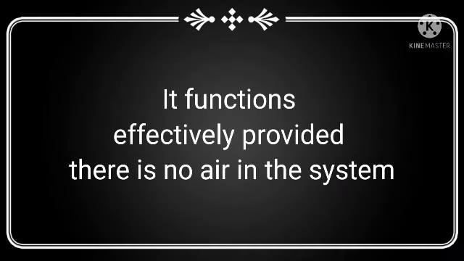Generally, it uses the same pad and linings as the primary system, but the pads and the linings are pushed by a mechanical linkage operated by hand. It works effectively so long as there is still no air in the system.